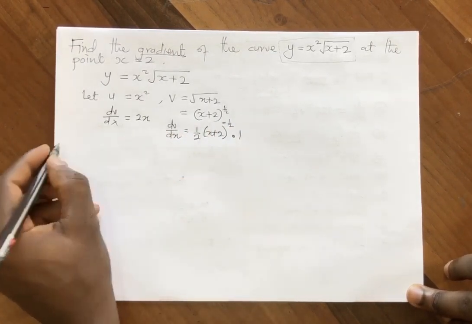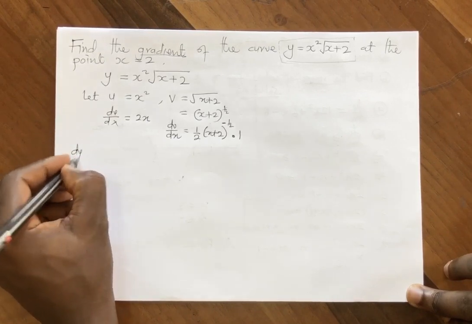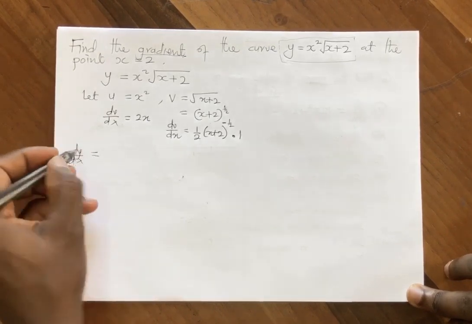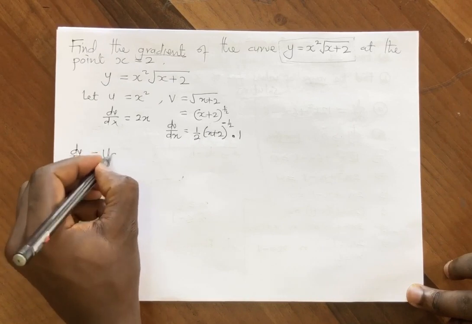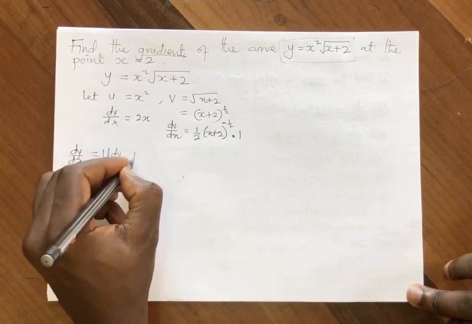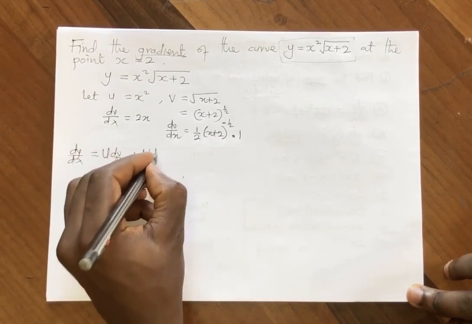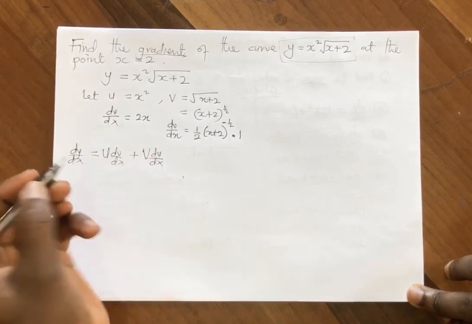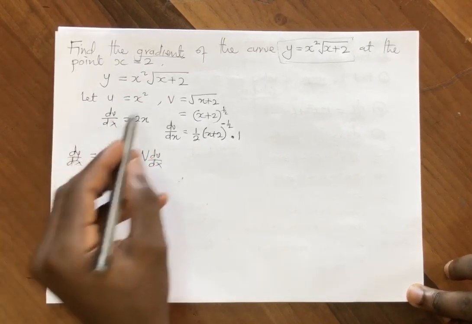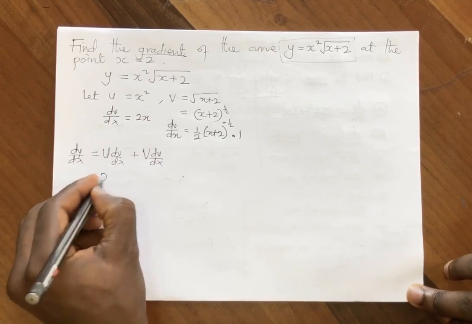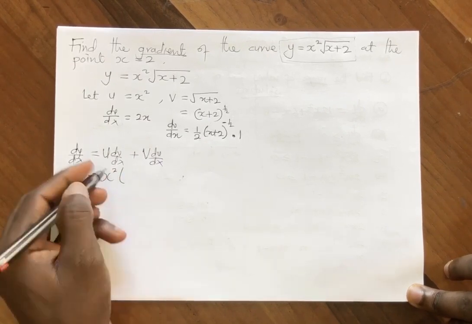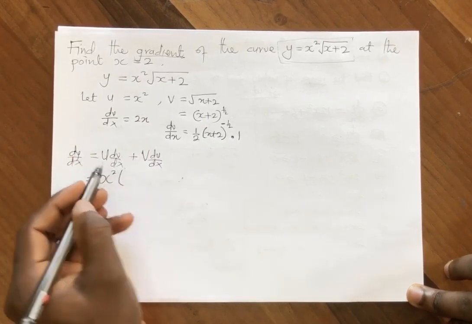So the product rule says dy dx should be equal to u dv dx plus v du dx. So what is your u? x squared. So you have x squared times dv dx.